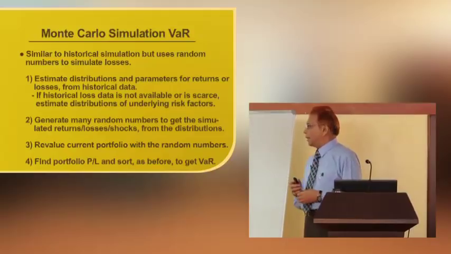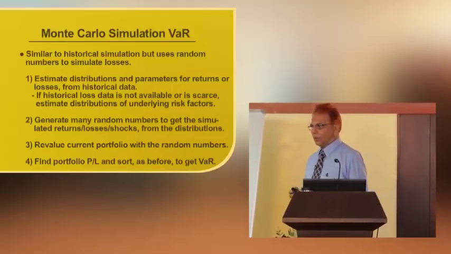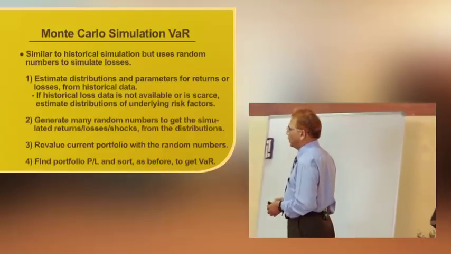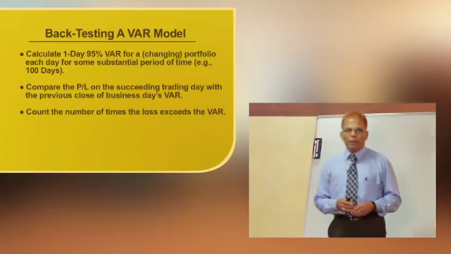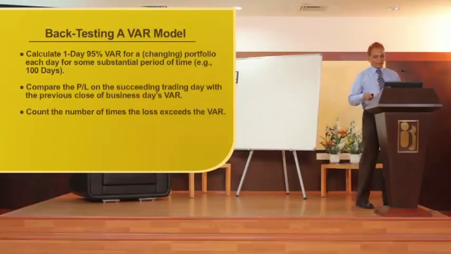And it will revalue the current portfolio with different random numbers, and then finally throw a number which is most likely to occur. So whatever VAR model you are using, the important thing is you need to backtest.